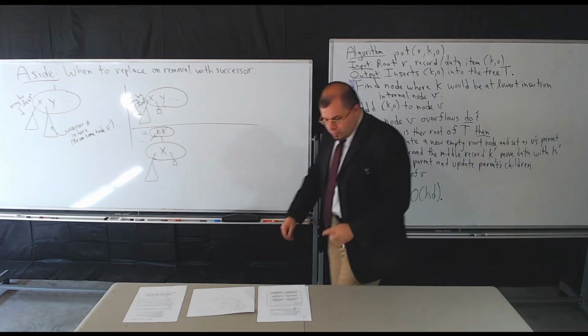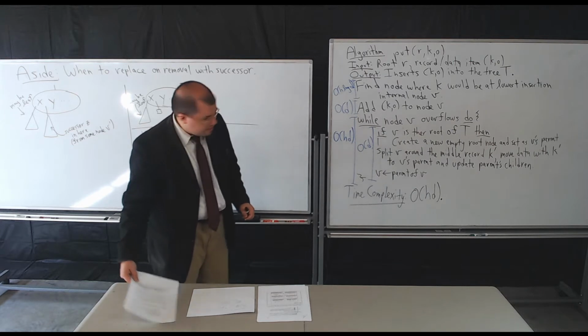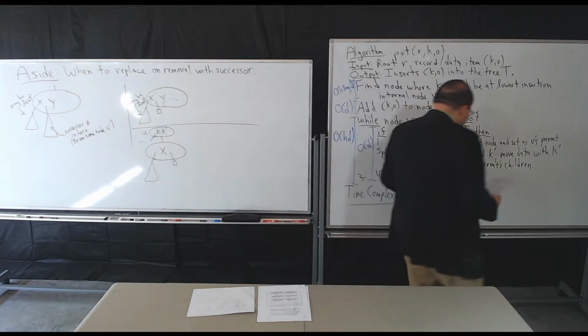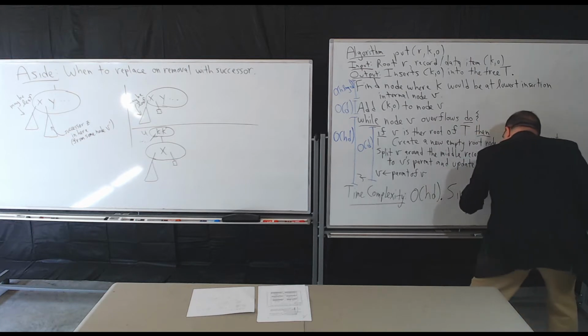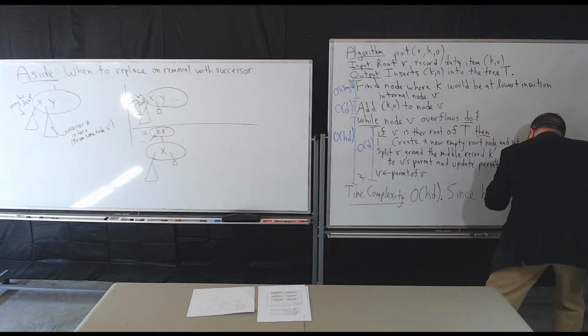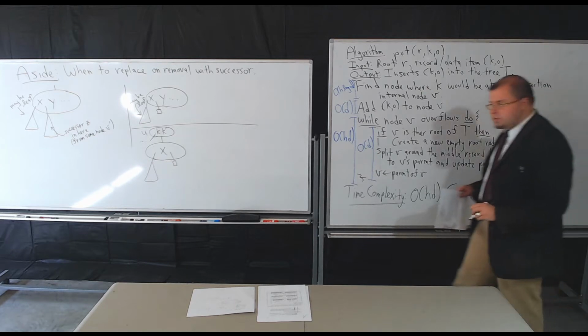So I can specialize this, right? We know what h and d are, right? Since h is big O of log n. Remember last day we proved this. And d is equal to 4.